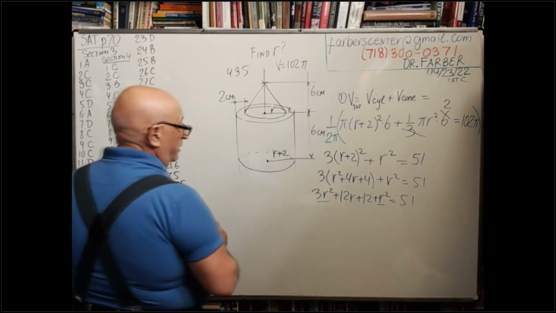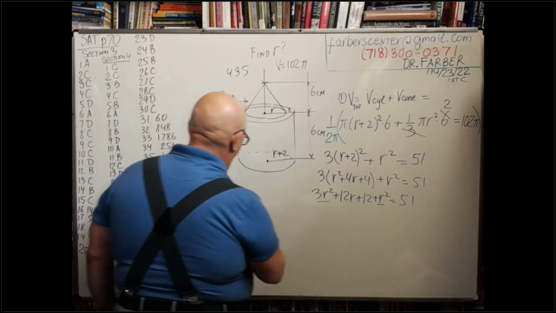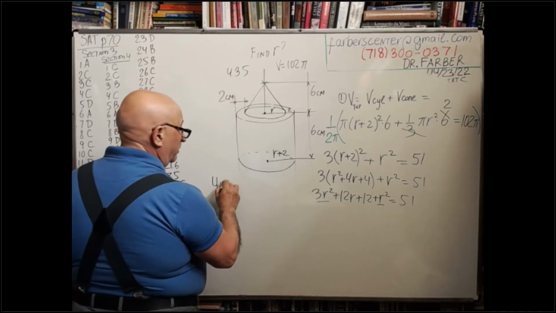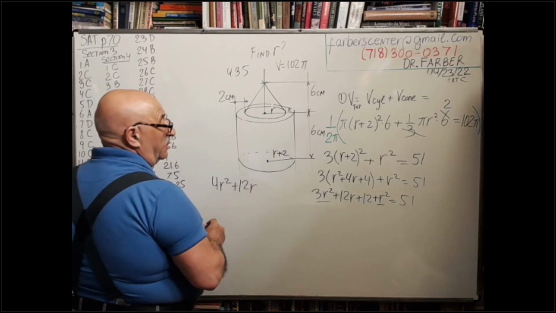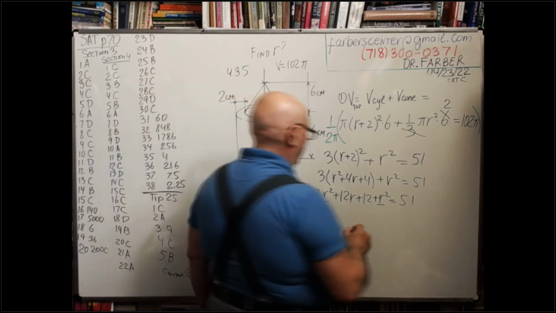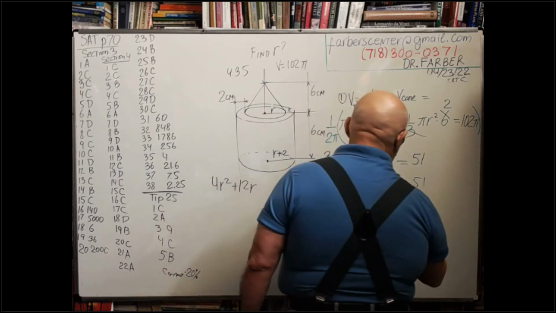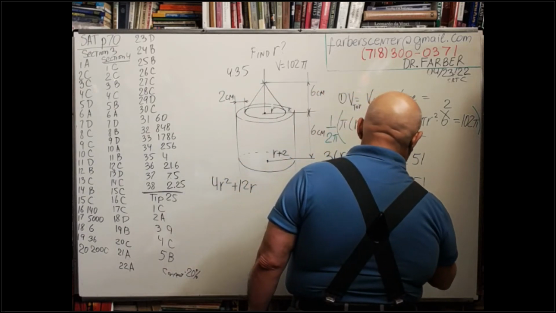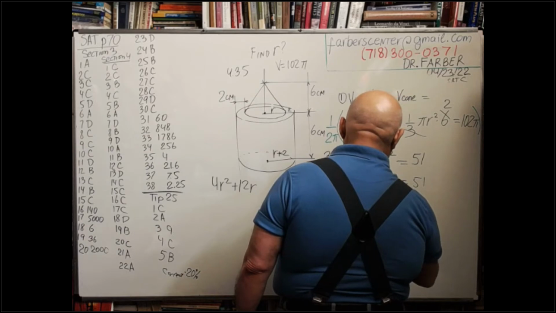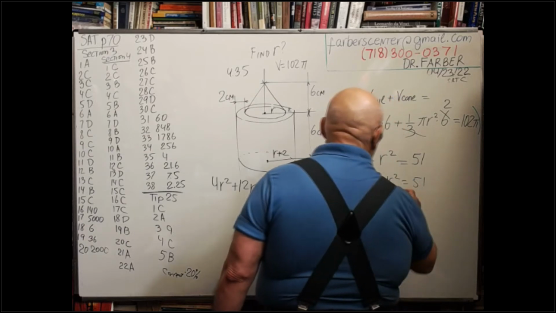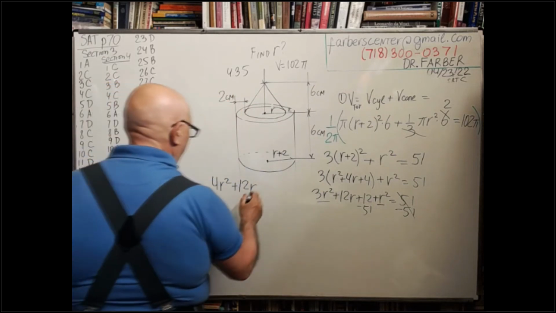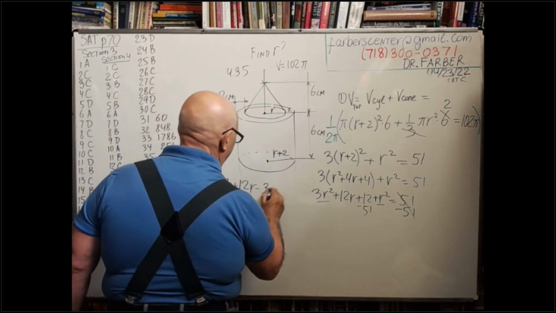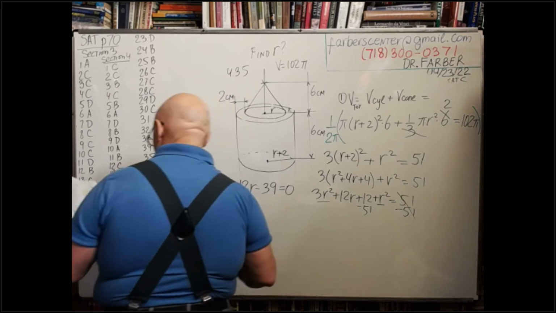It will be 4R squared plus 12R, and I subtract 51 from both sides. Minus 51 and minus 51. And cancel out would be 0. When you subtract, it would be minus 39 equals 0.